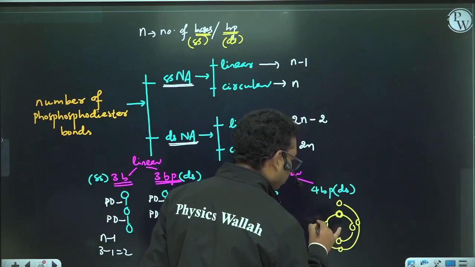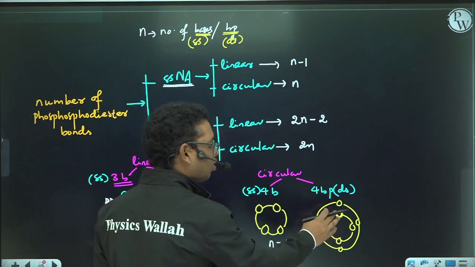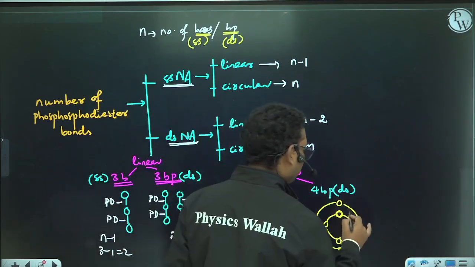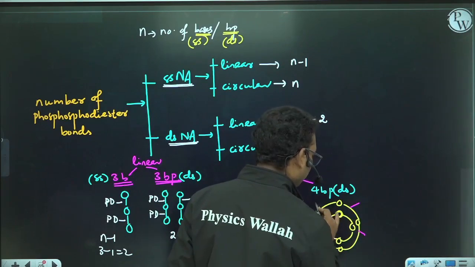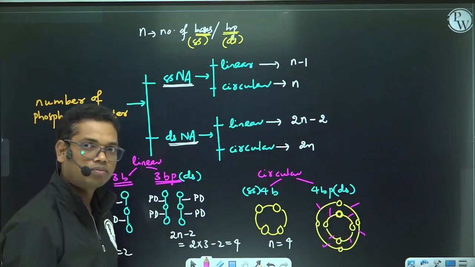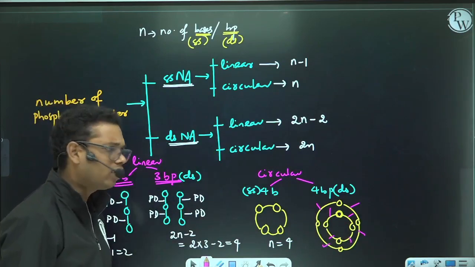This is another strand of circular DNA, so this is double stranded circular DNA. How many phosphodiester bonds are present? 1, 2, 3, 4. 1, 2, 3, 4. So 8 phosphodiester bonds are present. So the answer will be 2n.